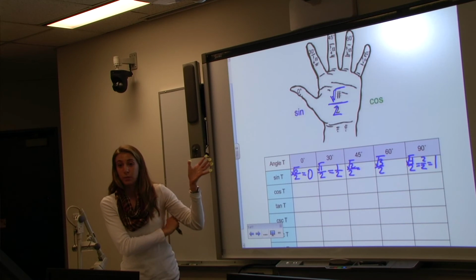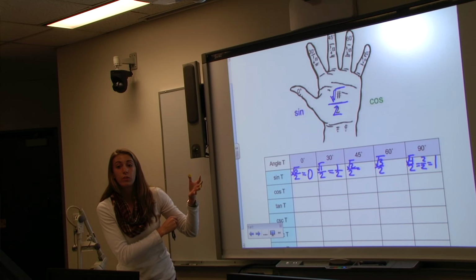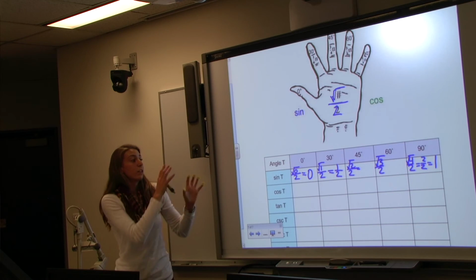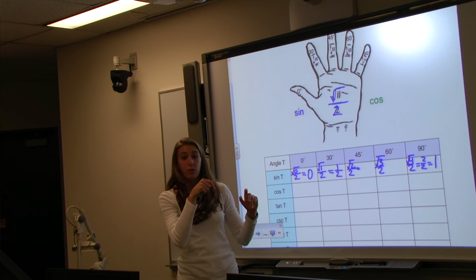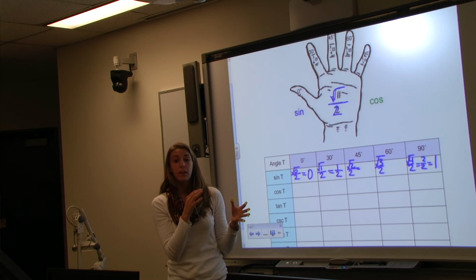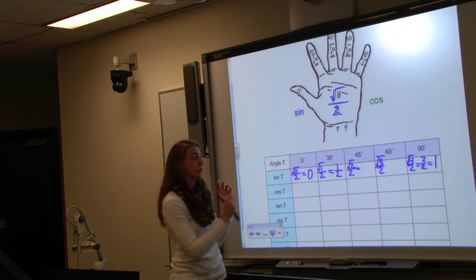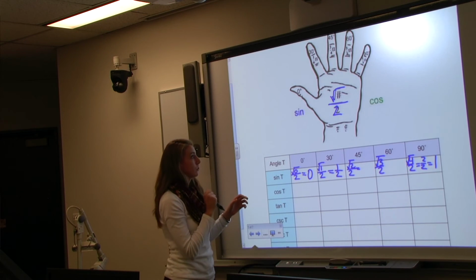This is just a trick to remember it. All these numbers are going to correspond with triangles, which we're going to work with tomorrow. Oh, okay. So even the numerator has to do with the triangles? No, the hand trick doesn't have anything to do with the triangles. It just helps you remember these special values. But we're going to learn about those triangles tomorrow.